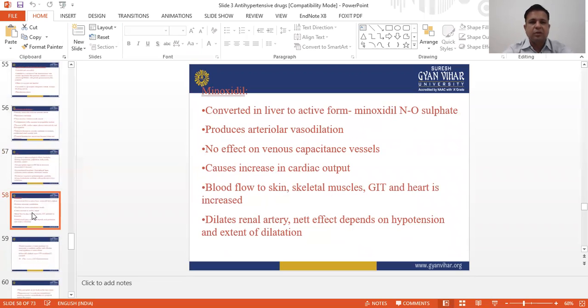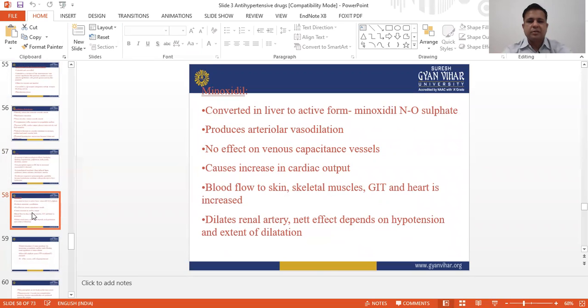Minoxidil is converted in the liver to its active form, minoxidil N-O sulfate. It causes arteriolar vasodilation with no effects on venous capacitance vessels, causes increase in cardiac output, and blood flow to skin, skeletal muscles, gastrointestinal tract, and heart is increased. Dilates renal artery.